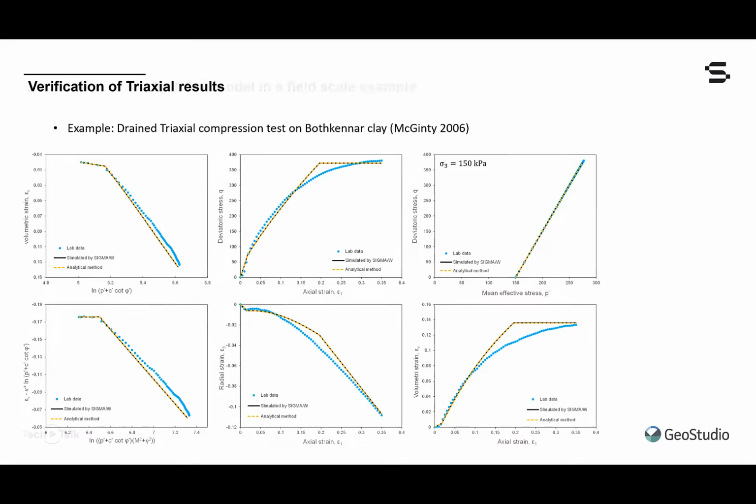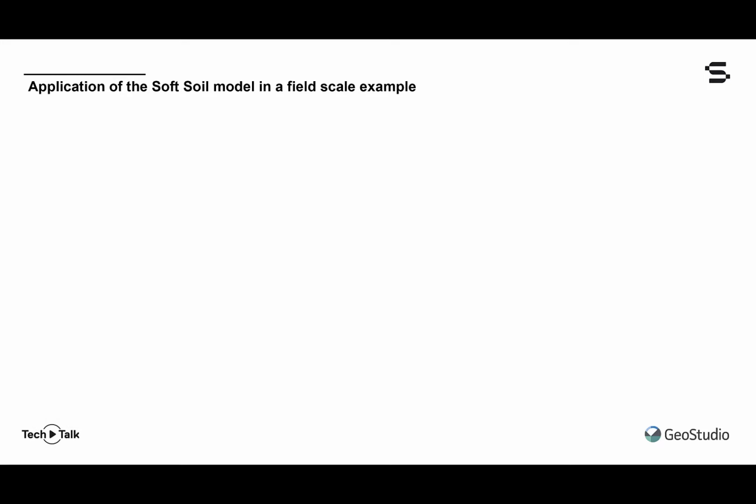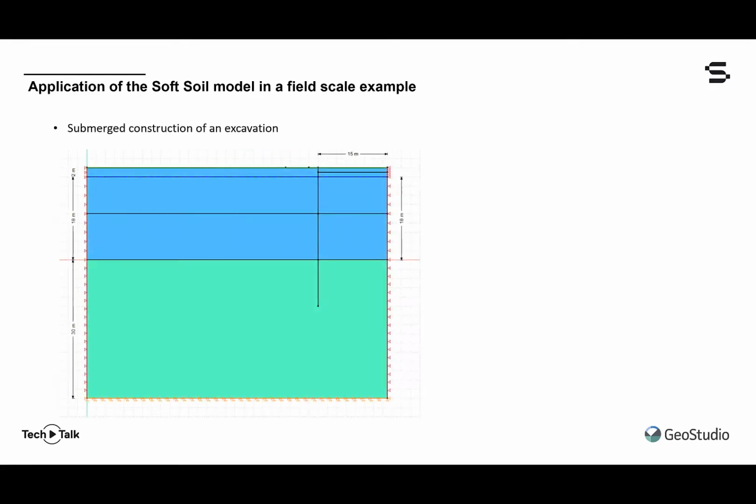And so that brings us now to our field scale application of the soft soil model. The model, which is the project file referred to as submerged construction of an excavation, involves the simulation of the stage construction of a submerged excavation supported by a diaphragm wall and pre-stressed strut.